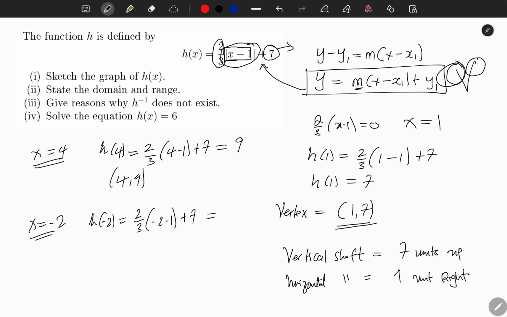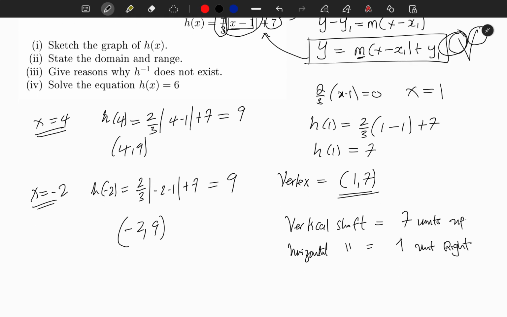Because remember, that's just the absolute value, and the absolute value of a negative number will always be a positive number. So this is still giving us 9. In the numbers that we've picked, the highest point is 9. So how exactly is this 9 helping us? Well, it is just helping us to say, no matter how far I go, I'll reach 9.